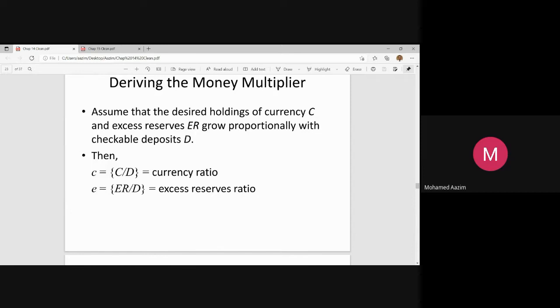With the checkable deposit increasing, proportionally, the other two variables that we are discussing also increase. Maybe as a ratio, it might decrease because more and more the deposit base increases. You do not need the same amount of currency to be held. But in absolute value, yes, it's increasing.